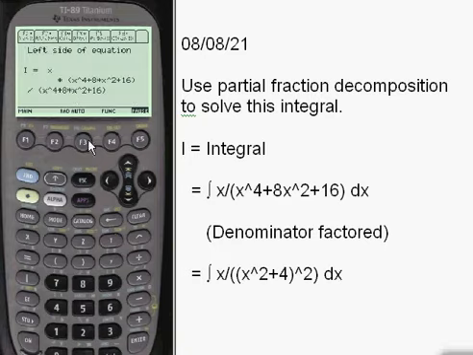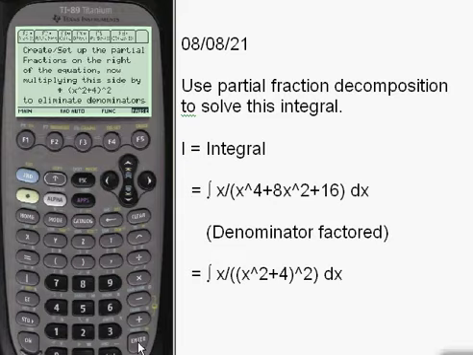You multiply the left side times the denominator to get rid of the denominators. We set up the partials on the right side and multiply that side times x squared plus 4 squared to get rid of the denominators also.